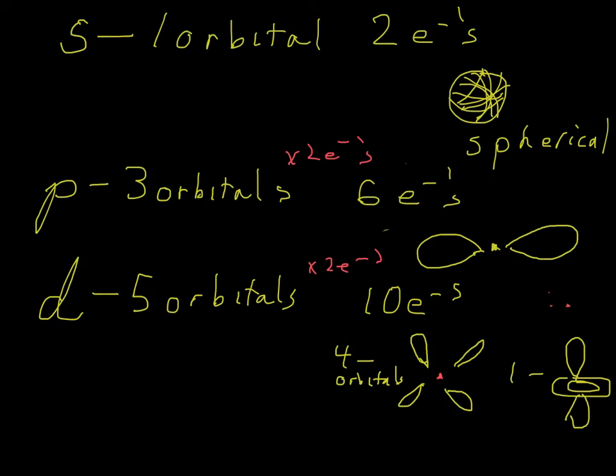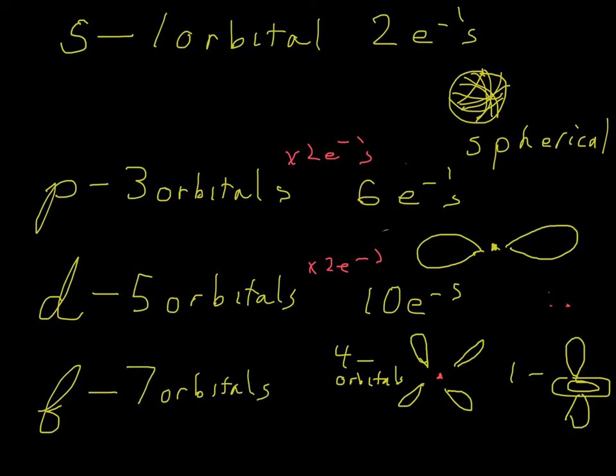The shapes of the f orbitals are beyond the scope of this lecture and my artistic ability, but basically you're looking at an even more multi-lobed ice cream cone shape. Your F has, guess how many orbitals? Anybody seeing a pattern so far? 1 orbital, 3 orbitals, 5 orbitals. 1 plus 2 is 3, 3 plus 2 is 5, 5 plus 2 is 7.